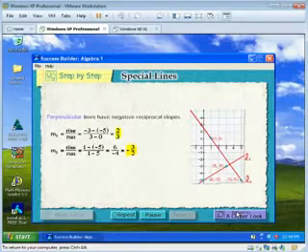So -3/2 is the negative reciprocal of 2/3. We could say that perpendicular lines have negative reciprocal slopes. Or said another way, the product of the slopes of 2 perpendicular lines always equals -1.